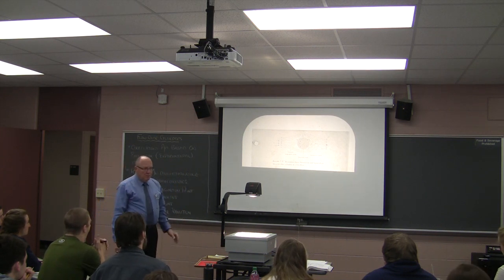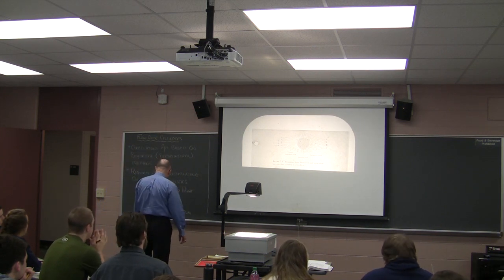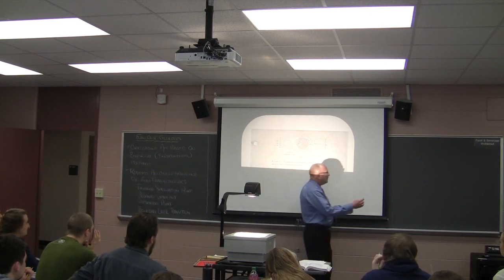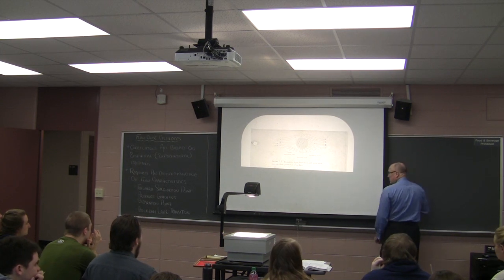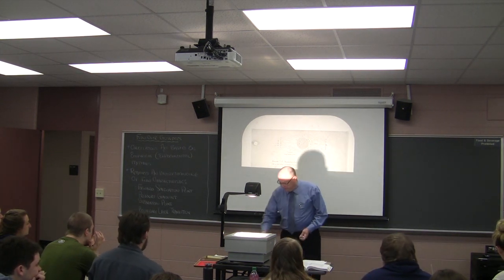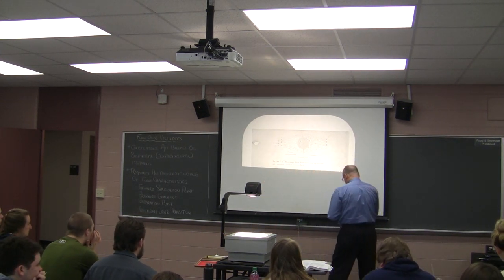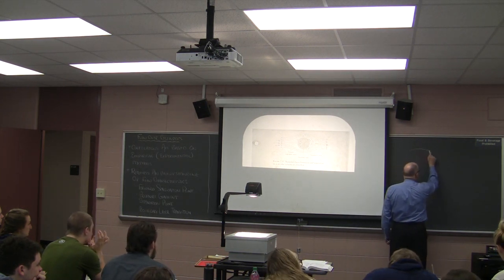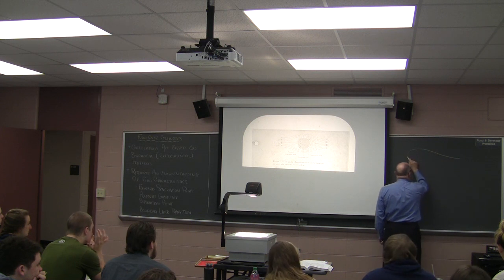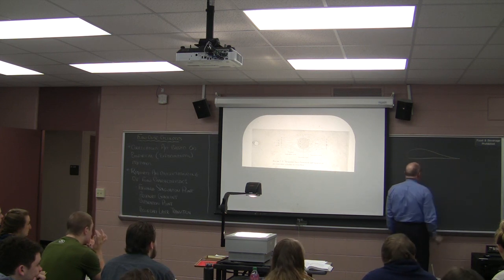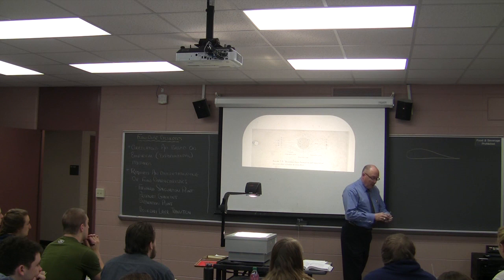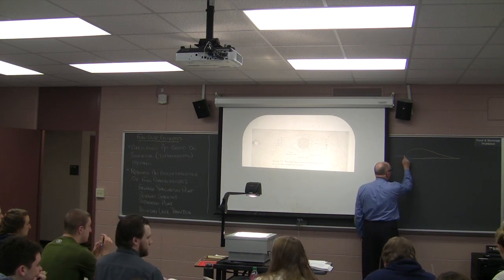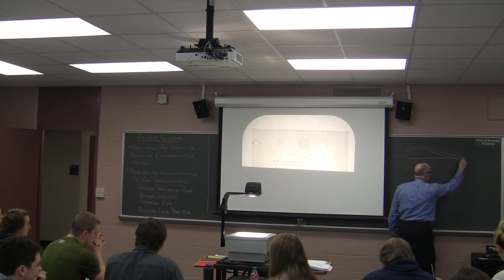All right. Now most of the time, aircraft wings are asymmetric. All right, so here's your typical aircraft wing. That's a bit of an exaggeration, but you get the idea. Okay? So flow comes in, and it goes like this.